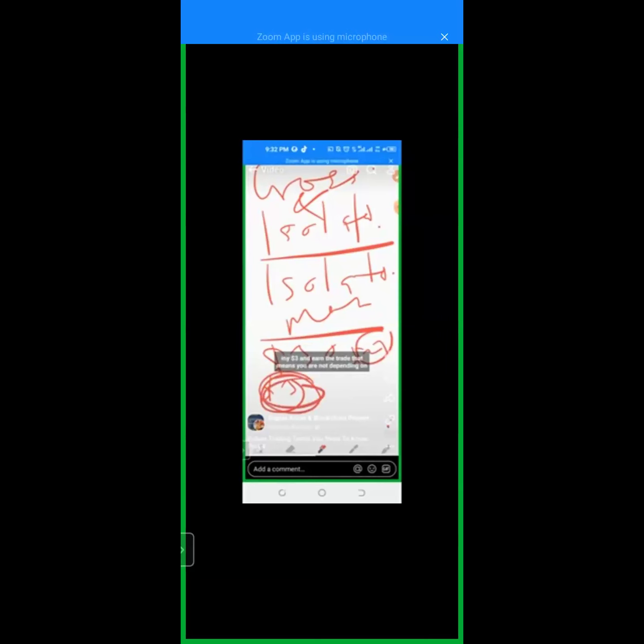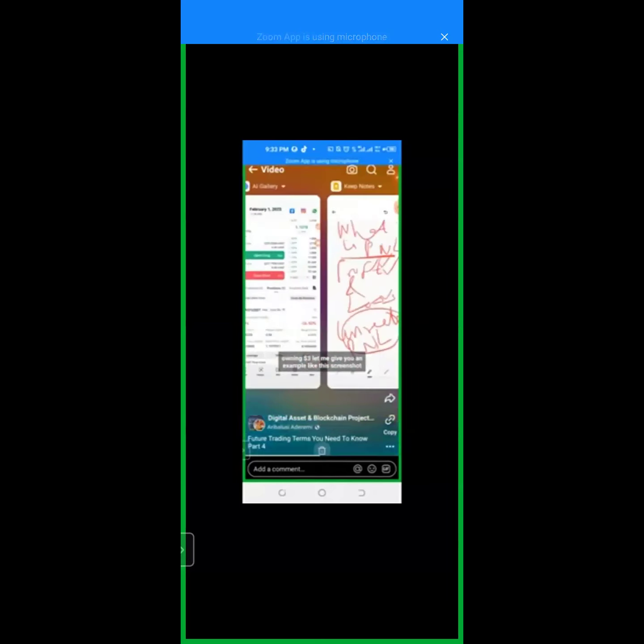That means you are not depending on the remaining balance to back up your trade. Instead of maybe losing $20 out of the $30, or losing the entire money, you want to bear the loss of only $3. Let me give you an example like this screenshot.